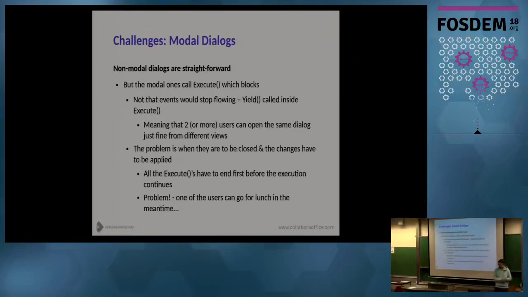The other challenge here, and a big one, was modal dialogues. Non-modal dialogues are fine, they can hang in the view.